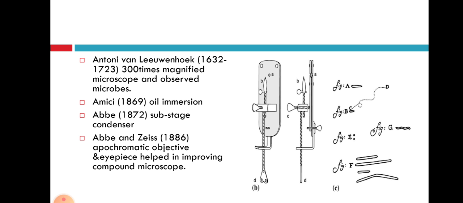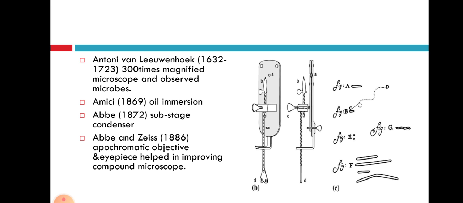It was only after 1670 that a cloth merchant of Delft, Holland, Antony van Leeuwenhoek, 1632 to 1723, started his hobby of making microscopes, and in 1674 he discovered the fascinating microbial world through his microscope. His microscope gave a magnification of around 50 to 300 times the original size of the object.